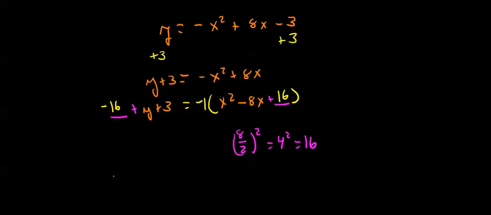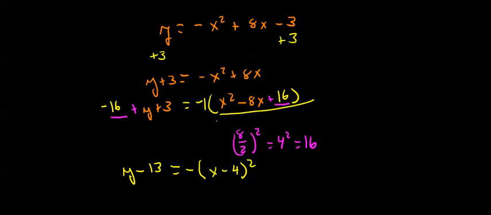So we have negative 16 plus 3, which is negative 13. So we have y minus 13 equals negative 1 times, we factor this, (x minus 4) quantity squared. And again, I'm going to clean this up. I don't want you doing that.